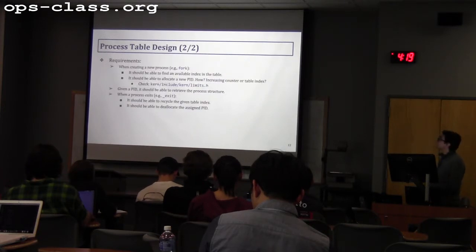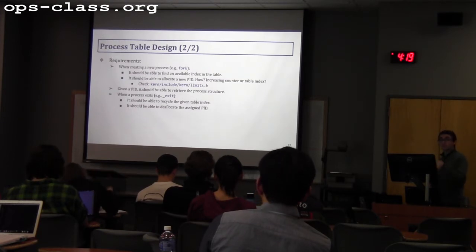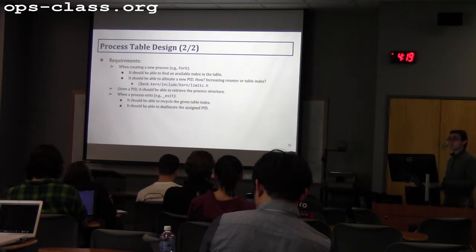So process table design. What are the requirements for process table design? Almost similar to the file table design. So when I fork, I need to be able to allocate a new index in the file table. And after I allocate a new index and I create a process, I should be able to allocate a PID, a process ID.